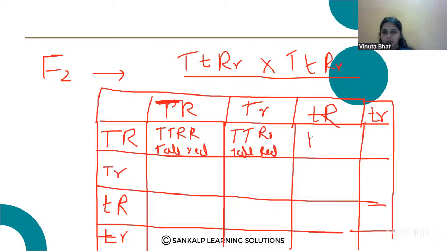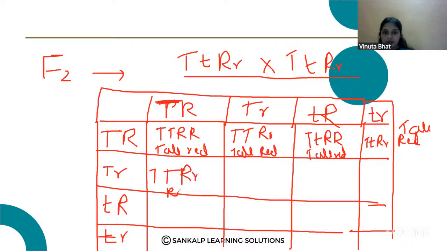Then next one, capital T, small t, capital R, capital R. This is also a tall red color flowering plant. Capital T, small t, capital R, small r. This is also a tall red color flowering plant. Next one, capital T, capital T, capital R, small r. This is also a red, tall plant.